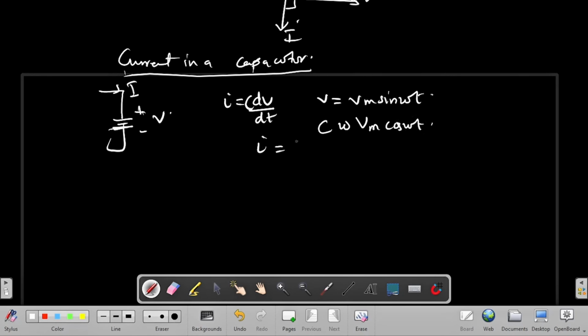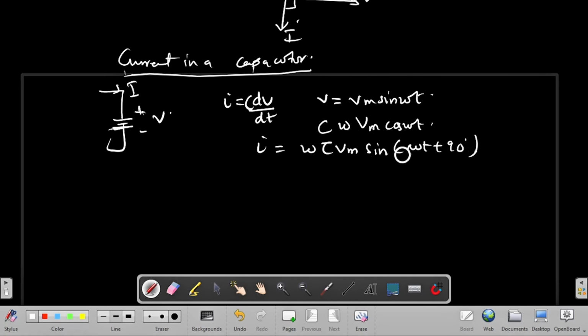So my I then becomes omega C Vm, then sine and cos are related by 90, okay? They are complementary in nature. So if I want to represent it in sine, it becomes omega t plus 90 degrees. As simple as that. Okay, so sine is leading cos by 90.